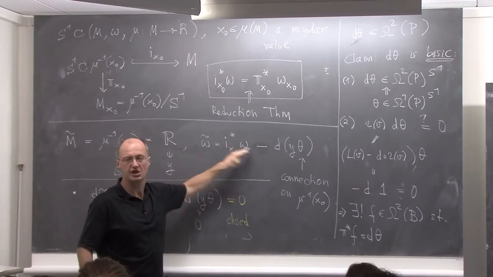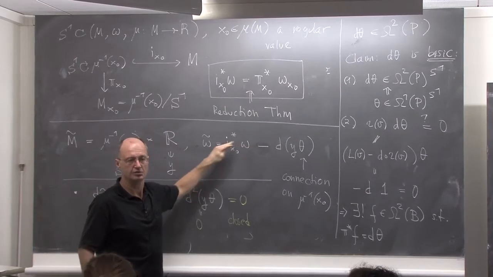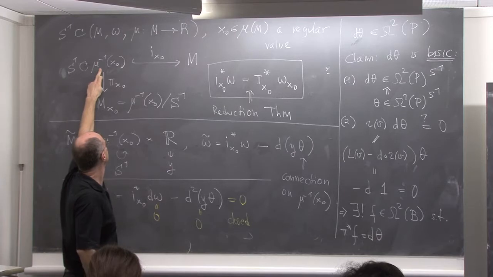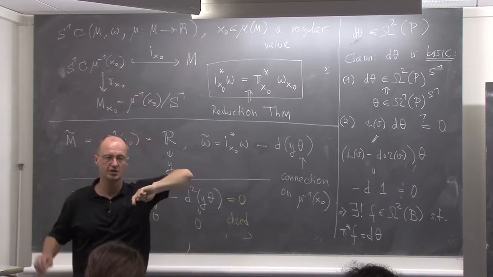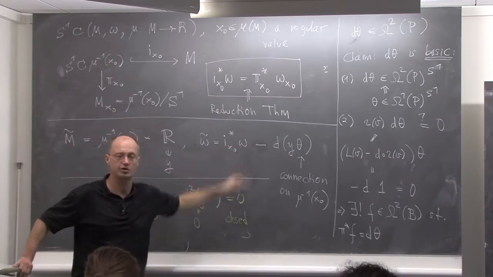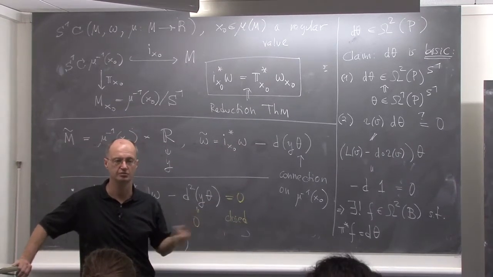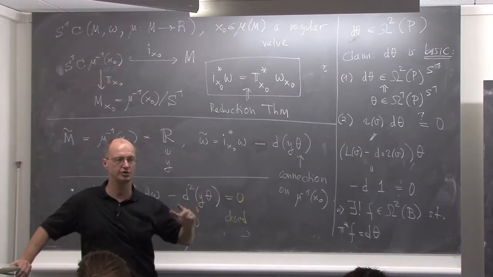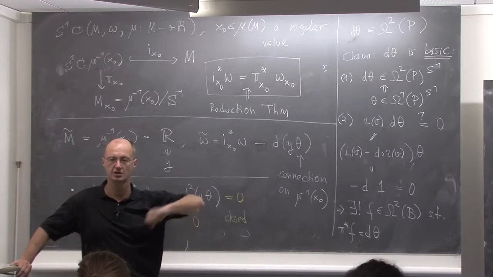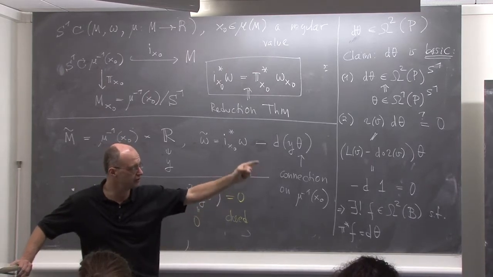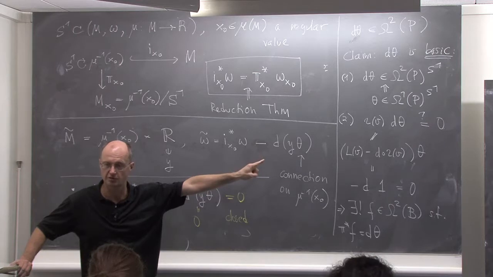What about this guy? That's the restriction of the 2 form to the level set. So how big is the kernel? So this 2 form has a kernel. How big is its kernel? Its kernel is what? We actually already know a little bit of its kernel.